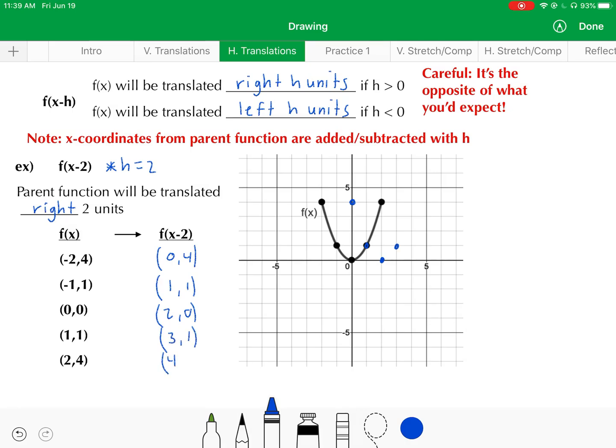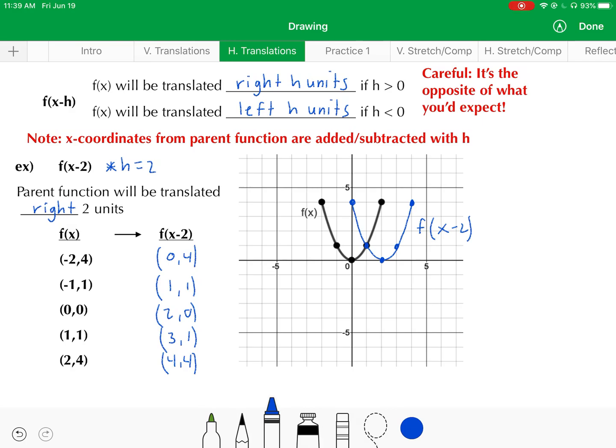And 2, 4 will become 4, 4. So here's our new graph for f of x minus 2. Once again, notice that both graphs, the original function and the translated function, their points have the same y coordinates. It's just the x coordinates that have been shifted.